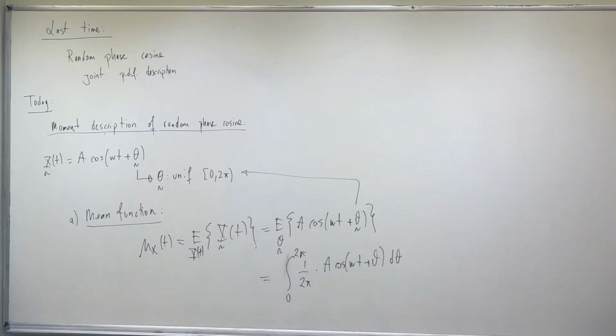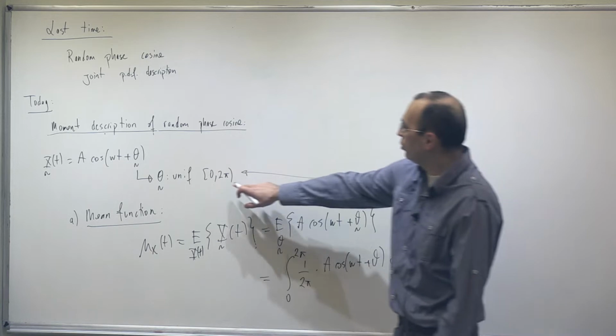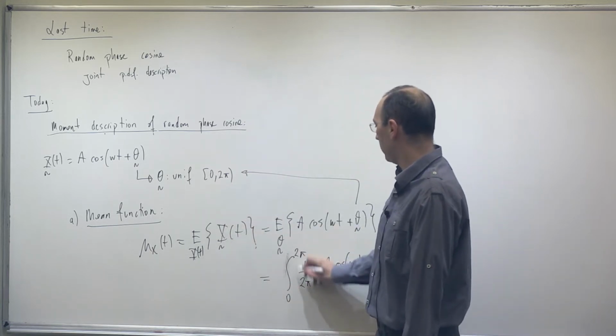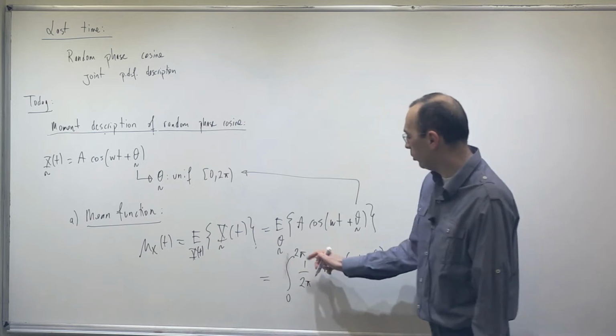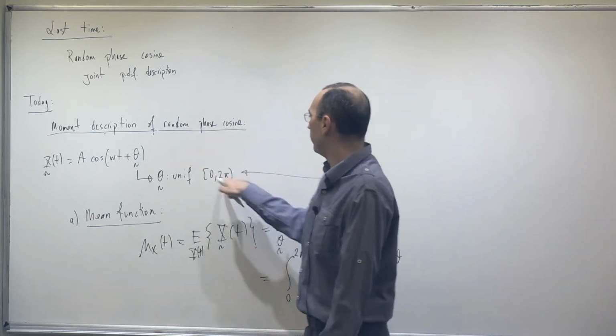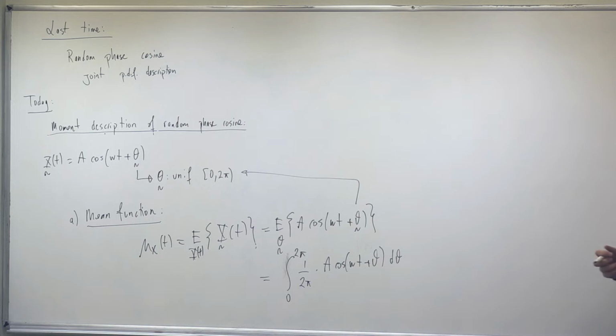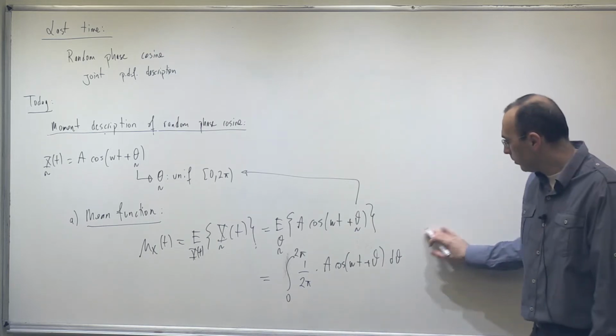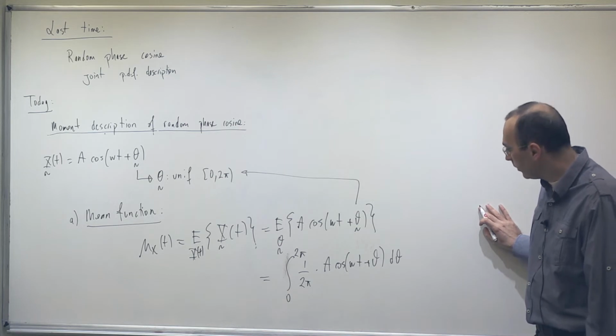Do you agree? Because it is uniformly distributed in this interval. This is the interval, and this is the normalization value to make the area under this uniform distribution 1.